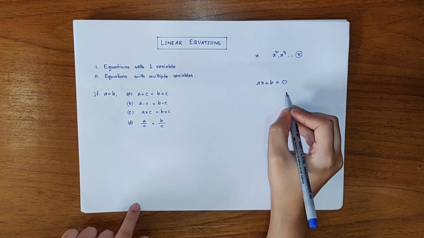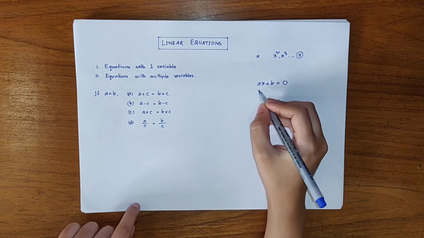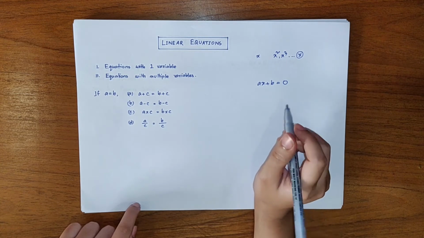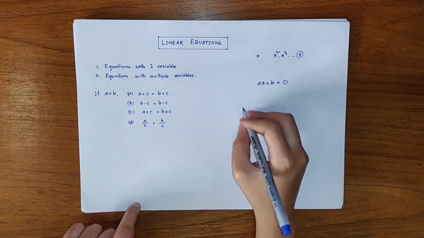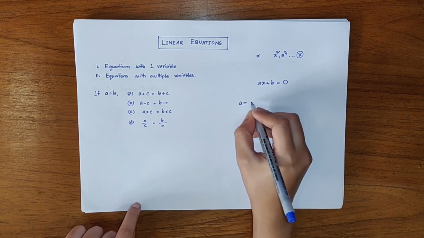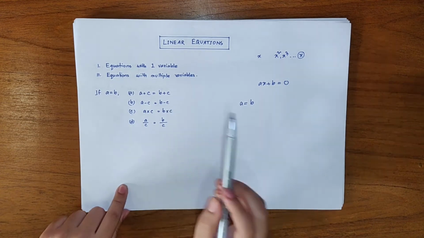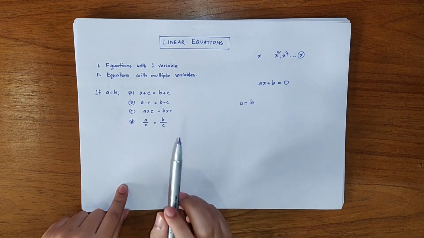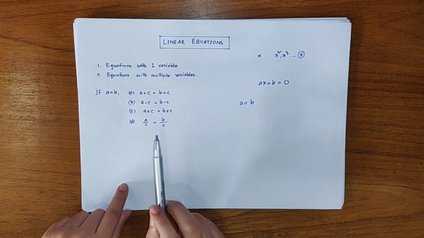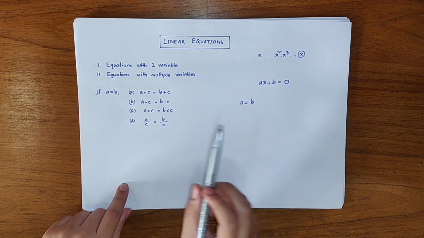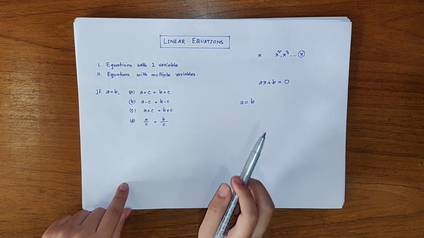This is the standard form of a linear equation where a and b are real numbers and x is a variable. Now, let's say we have two equal values. A is equal to b. Now, if you add, subtract, multiply, or divide both sides with the same number, the equation will remain the same.